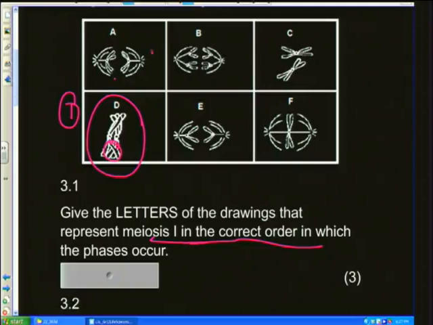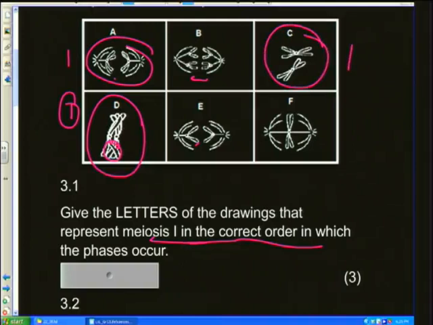So this will also be 1. In this one, look clearly. Single strands, chromatids have separated, so this can't be 1, so we leave that one out. This one also, chromatids have separated and are moving apart, so it can't be that one either. Here, it's one chromosome on the equatorial plane on its own, so that also can't be. This one, the chromosomes are lying next to each other, homologous chromosomes, that's also 1.